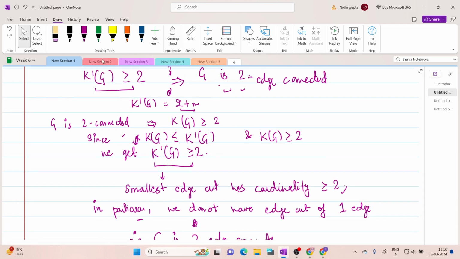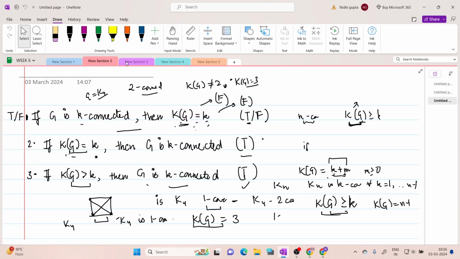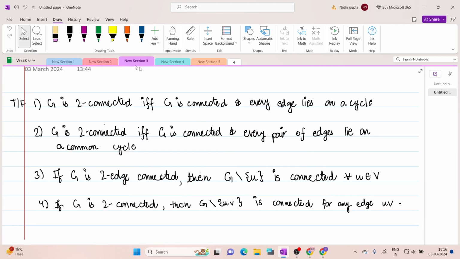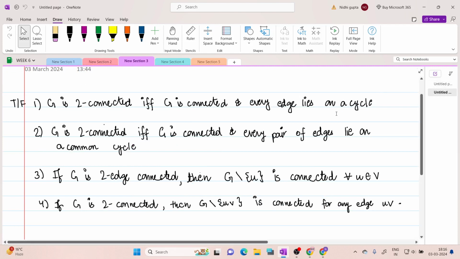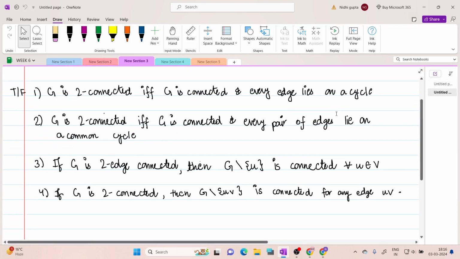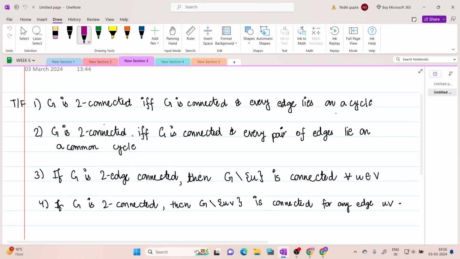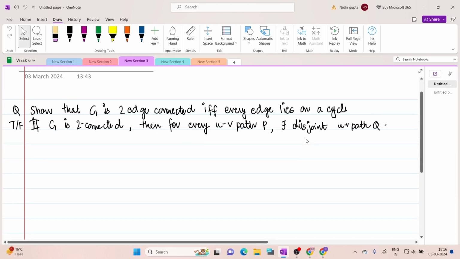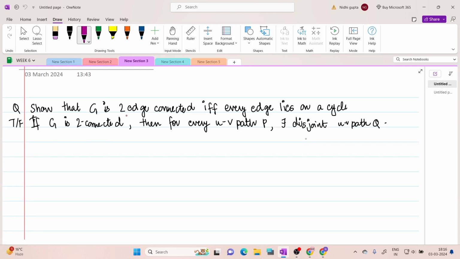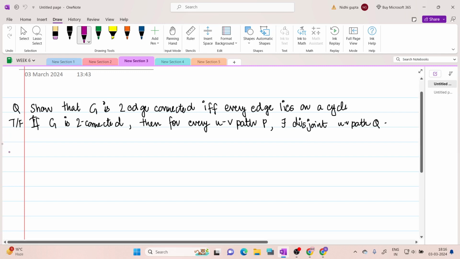Okay, so now if this is clear, let's look at it. The first statement is: G is 2 connected if and only if G is connected and every edge lies on a cycle. Sorry, before this, we have this question. First we have to show that G is 2 edge connected if and only if every edge lies on a cycle.